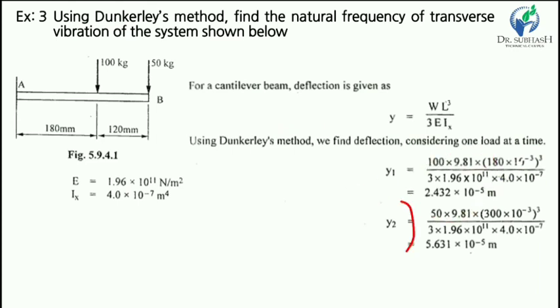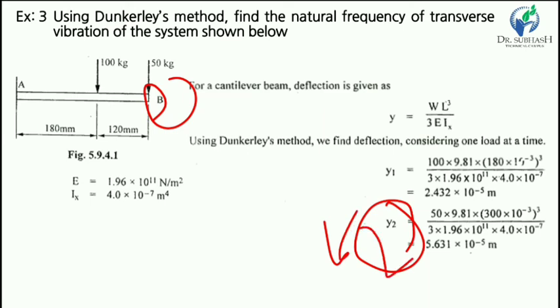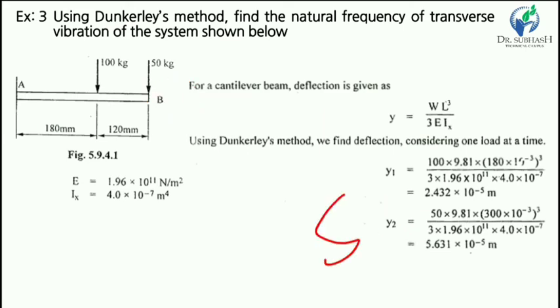Okay, now we find the deflection y2 or delta 2 for mass 2 or weight 2. Only consider weight 2, 50 kg, not the 100 kg, so the value of the weight is 50 into 9.81.